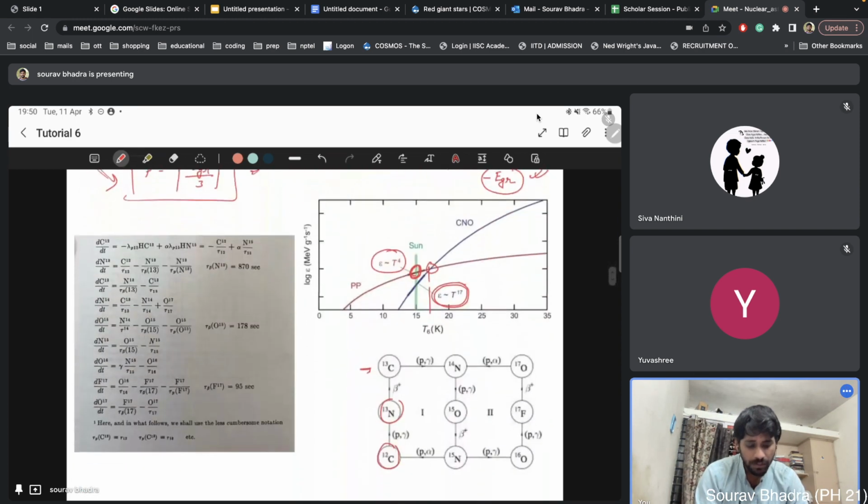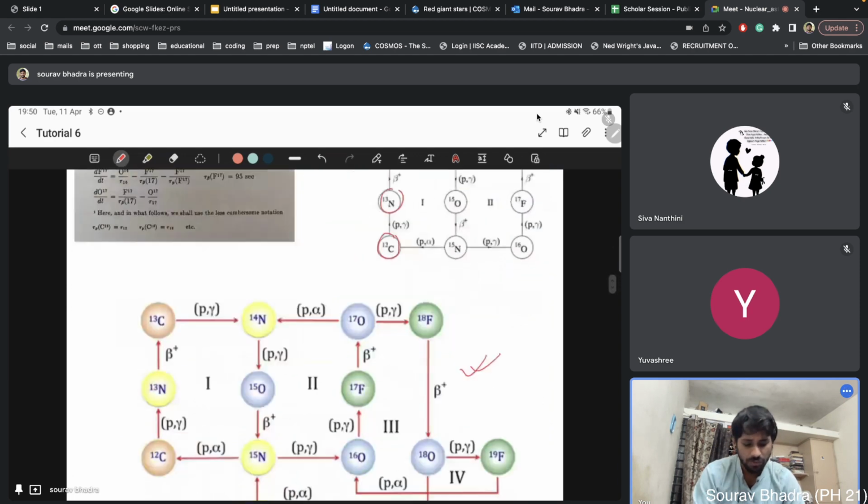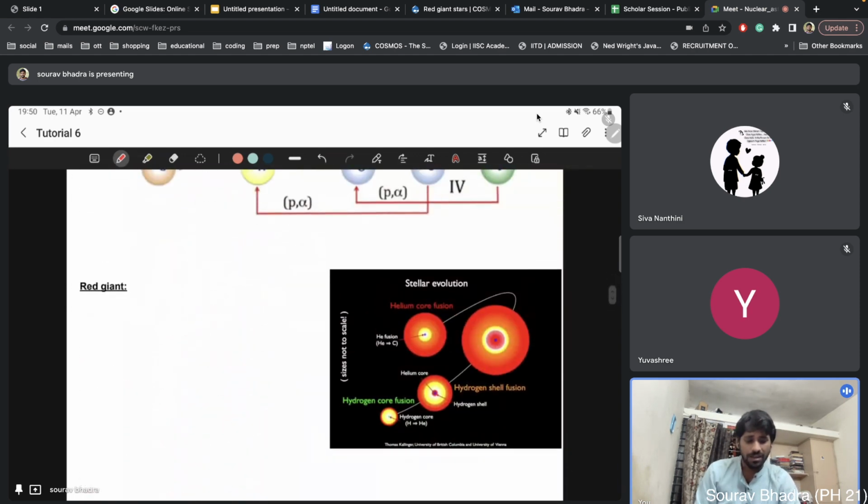So this was the thing which I wanted to cover today, and here I have just put a picture of the red giant. As I told you, when the hydrogen core is there, the red giant phase has not started. It will start only with the helium burning. So here you can see in this image, it is written helium core, that means helium burning has started. When the helium burning has started, the temperature has increased in the envelope.